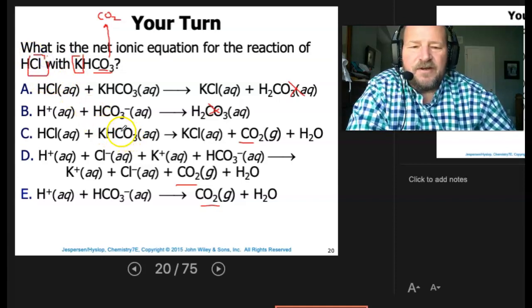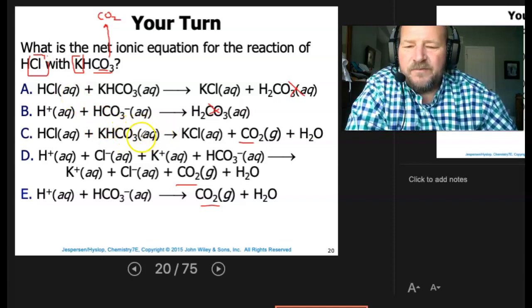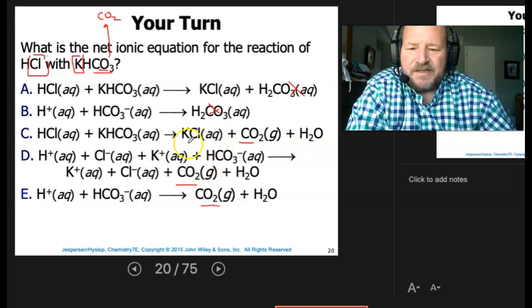Okay, is that salt going to make it all the way through? Or is it going to get eliminated? So in this one, it says KCl is going to be aqueous. I don't know if I like that too much because that's a very soluble salt. All right, so did that K plus come off here and get canceled out there? This one shows K plus on both sides. So we know that that should have canceled out. So we know that D can't be the answer.